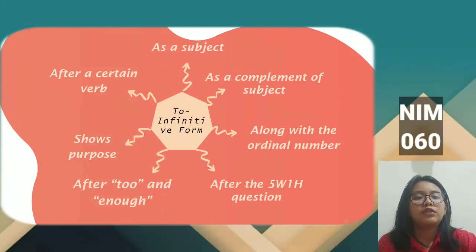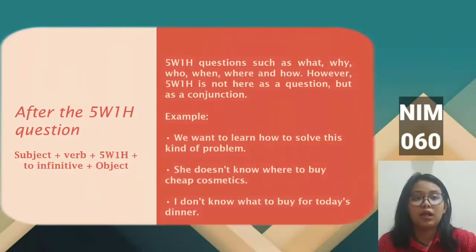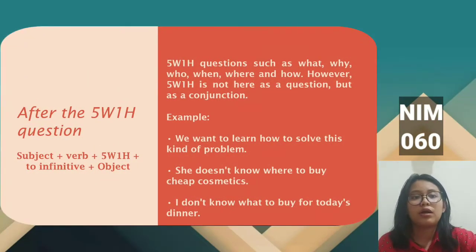The next one is after 5W1H questions. 5W1H questions are such as what, why, who, when, where, and how. However, 5W1H is not used here as a question, but as a conjunction.